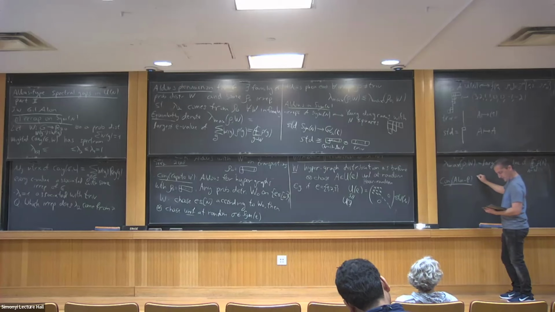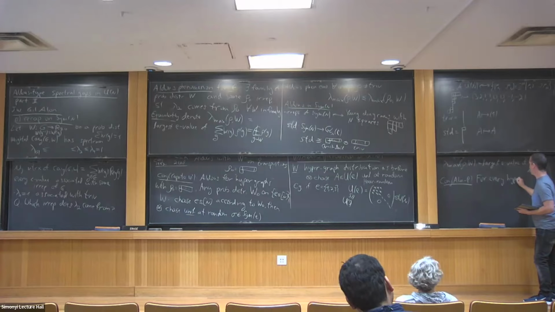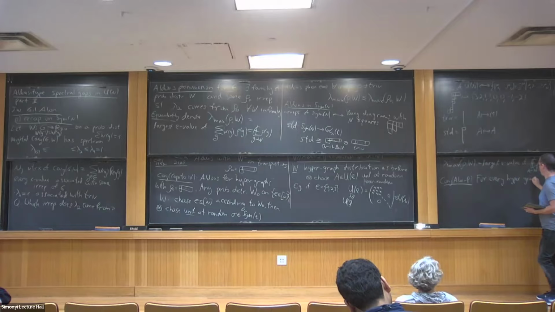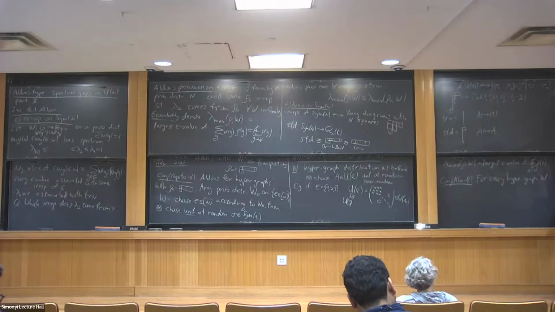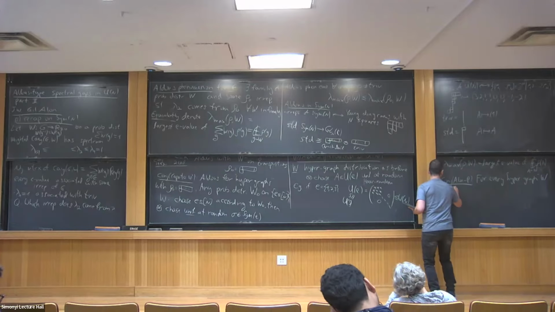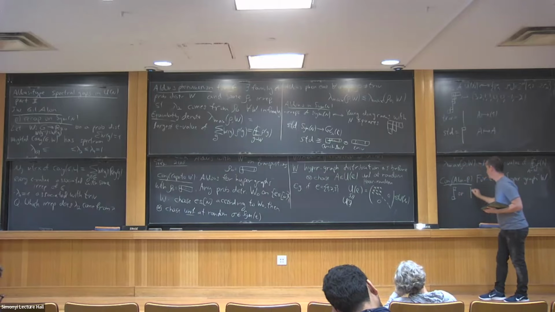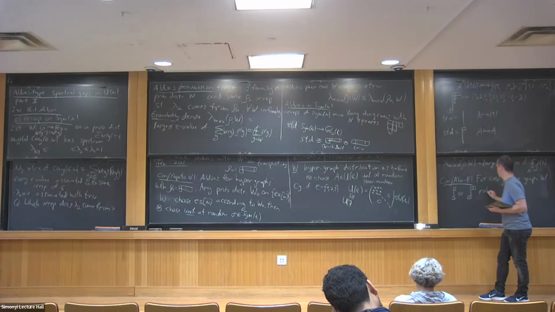So for every hypergraph and W, I mean any probability distribution that is given by a hypergraph as before, this one or this one rules.